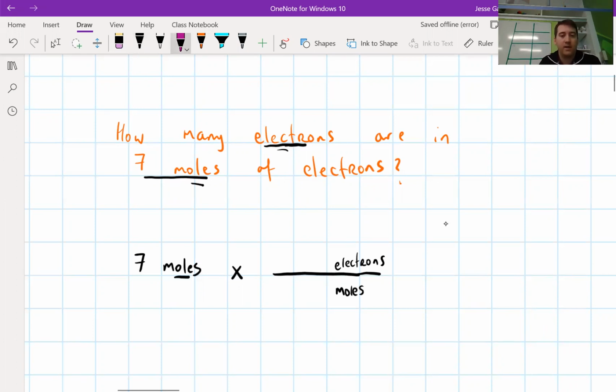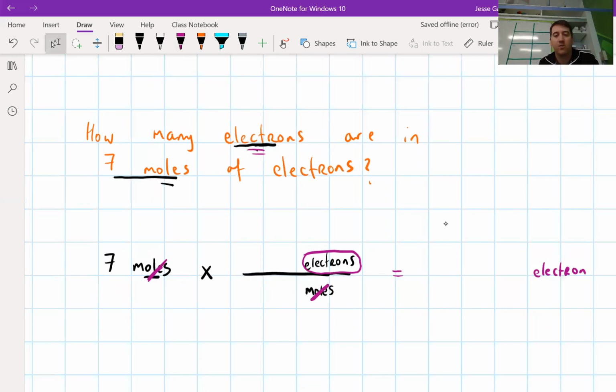The reason for this is that when moles is in the denominator, it allows us to cancel out this unit and leaves this one, which is what we wanted to convert to. So this is the only unit left, and therefore we know the answer is in electrons, and it's right because that's what the question asks us to do, convert to electrons.